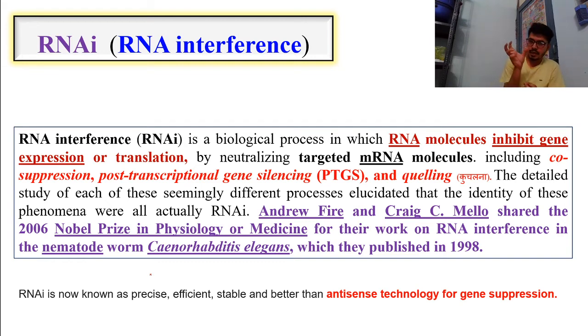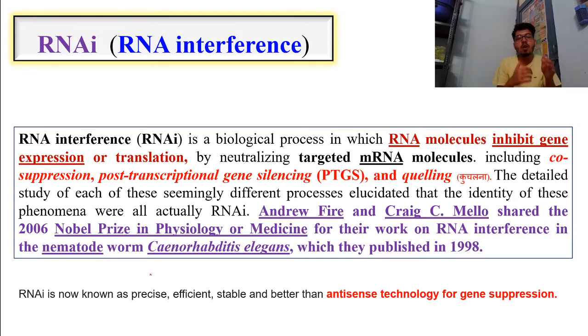So in RNAi you can focus on co-suppression, which is one way of the RNAi mechanism, post-transcriptional gene silencing is again a way, and quelling. Quelling means kuchalna in Hindi, to reduce. So whatever the transcript is in the normal type will be reduced in the RNAi line.